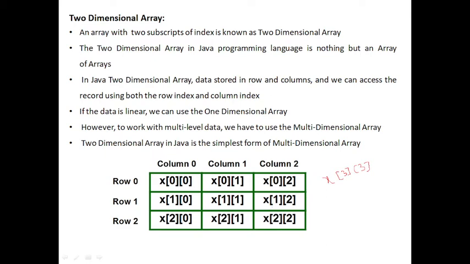This is the representation of the 2D array. If you want to access an element from a particular location, the name of that location is the name of the array, row index and column index. Right? This is the 2D array definition.